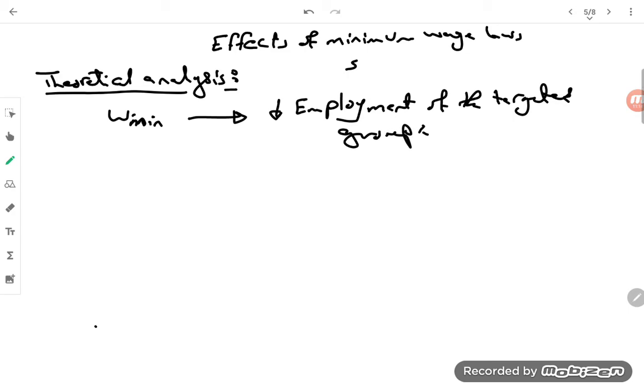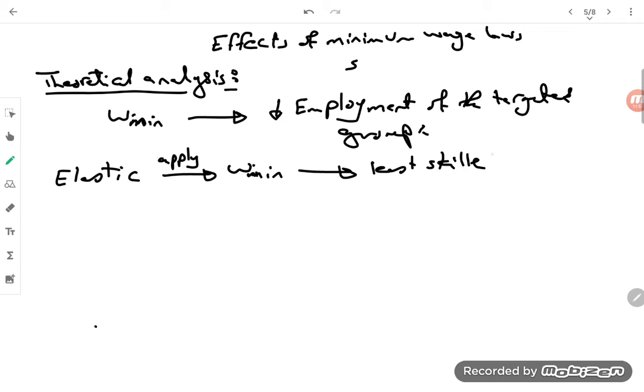According to economic theory, minimum wage rates can be expected to reduce employment opportunities for the least skilled workers, least experienced workers, if the demand for labor is elastic. So in case of elastic demand for labor, applying minimum wage rates will only affect the least skilled workers.